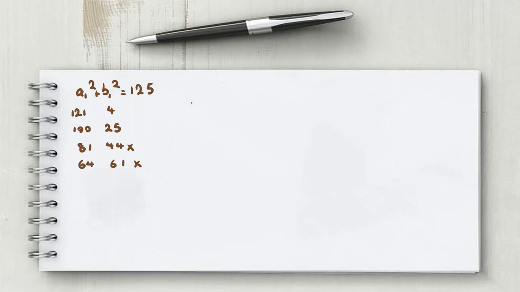So from this, we can say a1, b1 are plus minus 11, plus minus 2, and you can switch: plus minus 2, plus minus 11, so you have 8 answers for this. The next one, 100: plus minus 10, plus minus 5, or plus minus 5, plus minus 10. And then we want to find a and b.